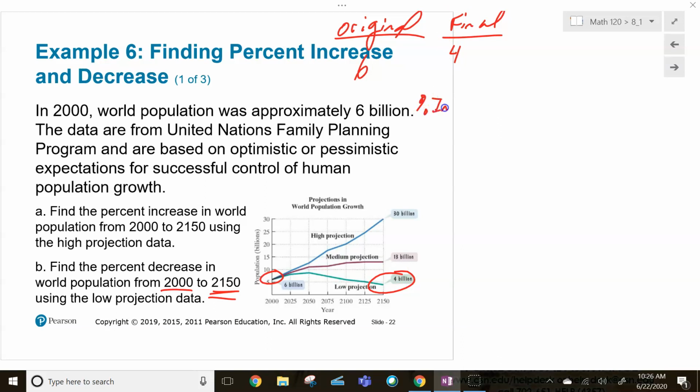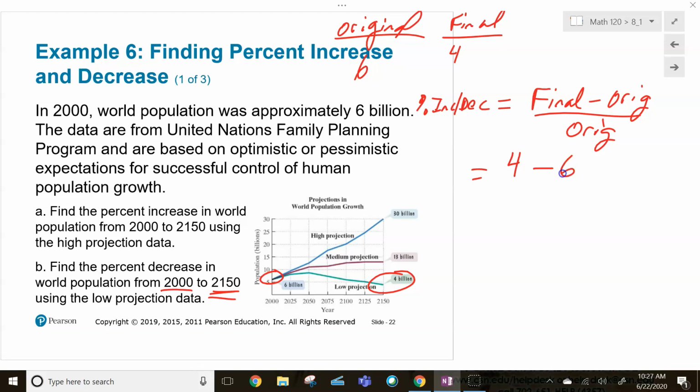So the percent increase or decrease is our final minus the original, and you're comparing it to the original amount always, right? So the final amount, we think the population is going to go down to 4 billion. We're comparing it to the original 6 billion, all over 6 billion. So we got negative 2/6, which is negative 1/3, which is negative 0.3333.